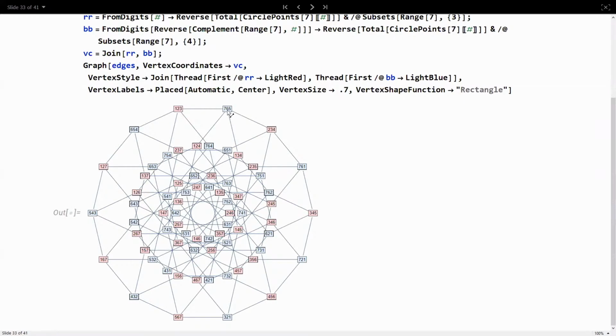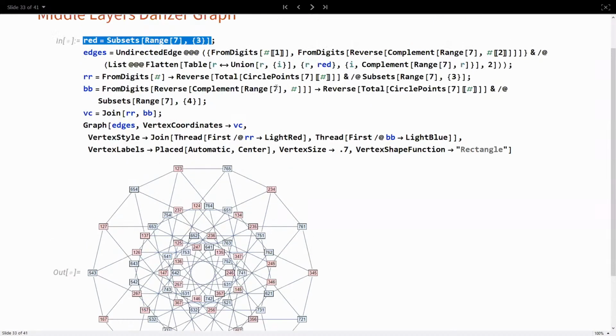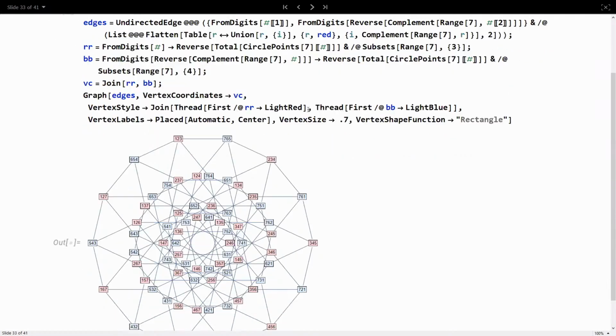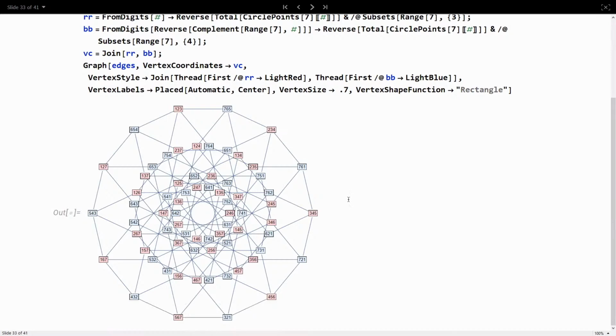So for example, this point for 7, 6, 5 comes from CirclePoint 7, which is a heptagon. This is the sum of the points 5, 6, and 7. And it turns out when you add up the points on a heptagon in that way, you get this unit distance graph that's very nice.